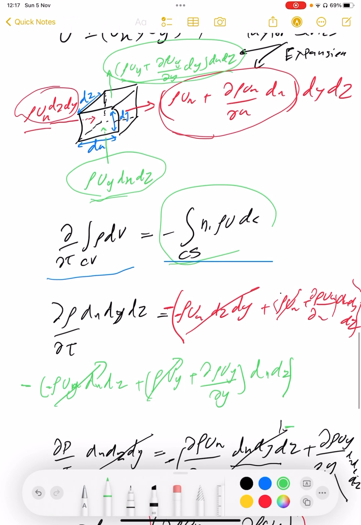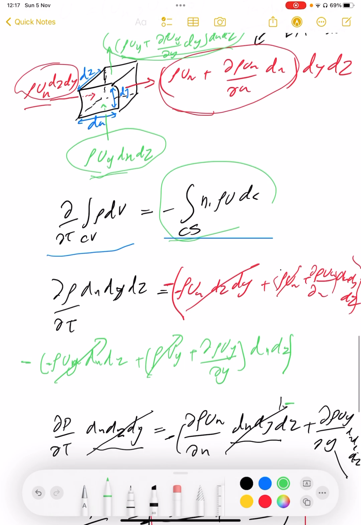If I look at the law of conservation of mass, the control volume term is the variation of density in time multiplied by dx dy dz, and that was equal to the integration over the control surface. So I need to add all of the mass flux at the different control surfaces.